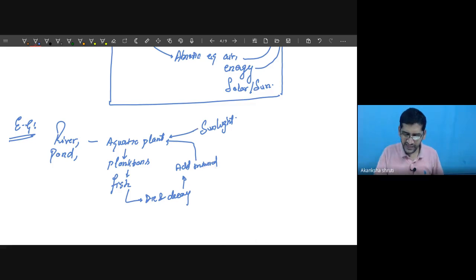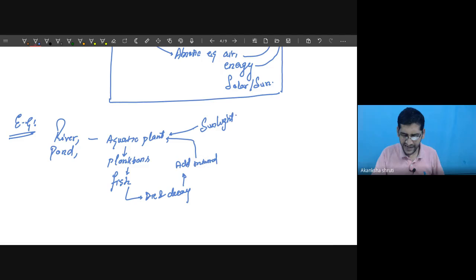So this sunlight or sun ray is adding energy, that is the ultimate source. This is taken by the aquatic plant. So from here to here, the food chain.